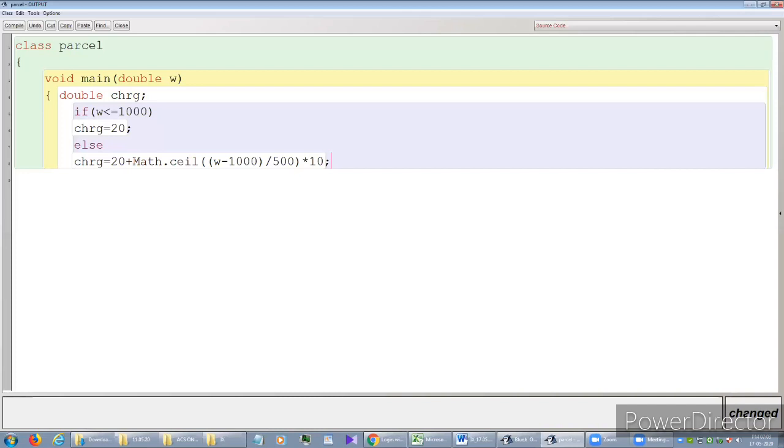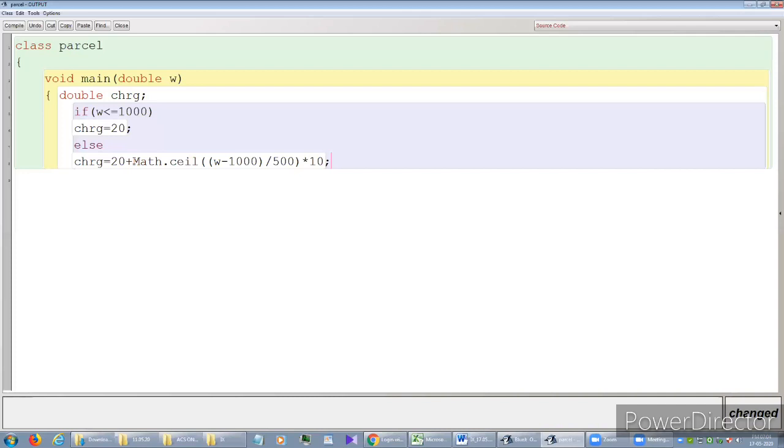If you divide this 1,301 gram by 500, what result will you get? Approximately 2 point something. Now if you pass it through Math.ceil, we'll get 3.0. Now if you multiply with 10, that is 30, plus 20, 50.